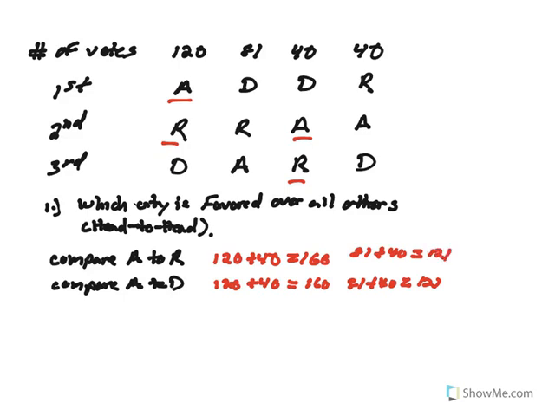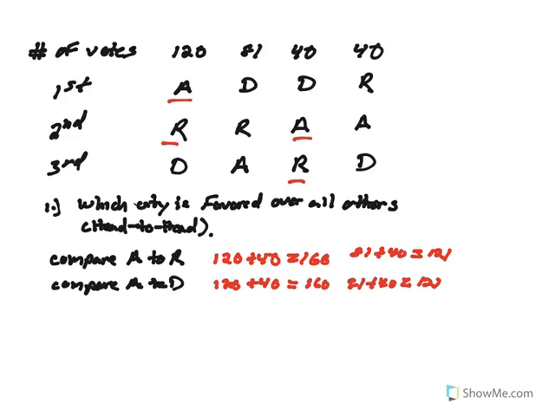That's less than 160, so those comparisons lose. So definitely city D is favored over A in the second and third columns, so city D receives the 121 votes. So in conclusion, city A receives more votes than city D. City A is favored over city D.